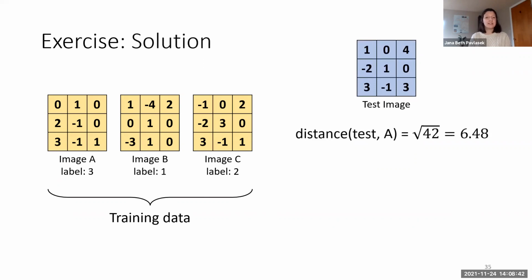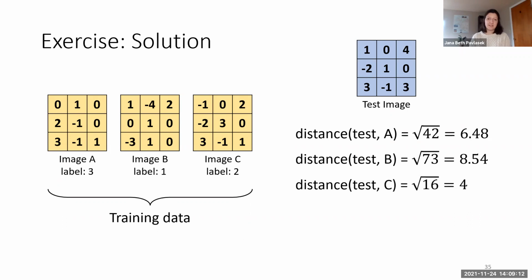Okay, so I went ahead and calculated the distance from our test image to image A. I'm going to skip each individual step, but our final distance is going to be the square root of 42, which is about 6.48. If we calculate the distance between our test image and image B, that gives us 8.54.